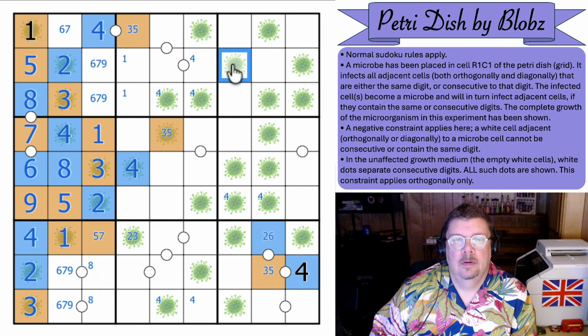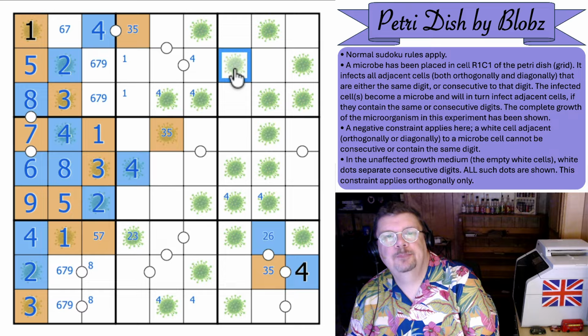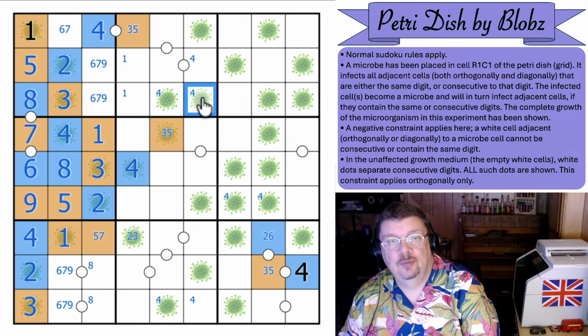Okay, if that were a 2, that would have had to have been a 1 or a 3. Can this be a 1? I think is the question I want to ask. If that were a 1, the only place that it could have been infected by is this one. So that would have had to have been a 2, because we know it can't be a 1.